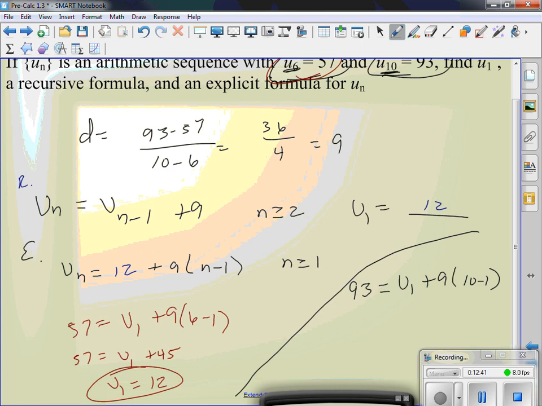It's now 10 because we were talking about u sub 10. 10 minus 1 is 9. 9 times 9 is 81. 93 minus 81, regardless, what do I get for u sub 1? 12. It doesn't matter which point I pick. You just need to pick one of them.